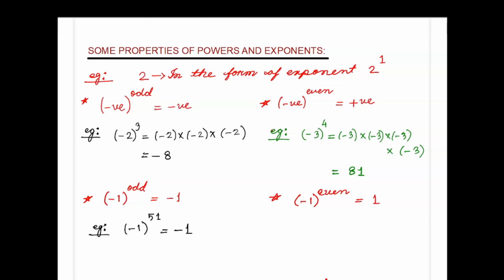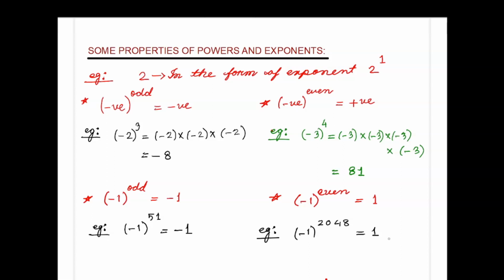So, example: minus 1 whole to the power of whatever number is given, if it is even, suppose 2048, it is an even number, so you will definitely get 1. I think up to here all of you understood. It's clear. Suppose you did not understand, then just write it down in the comment.